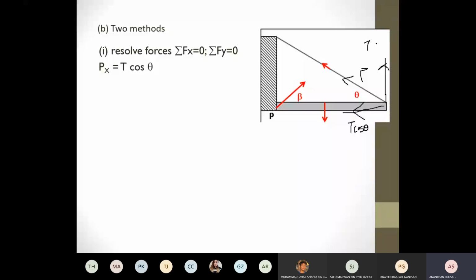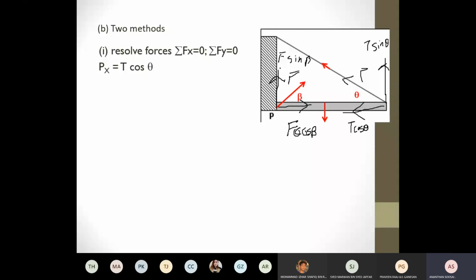It is T sin theta. Resolve this force also. If this is F, what is the force acting horizontally here? F cos beta. What is the force acting vertically up? F sin beta, right?